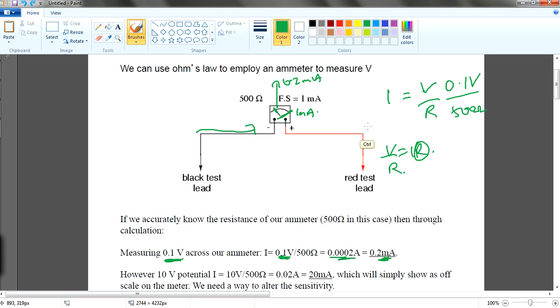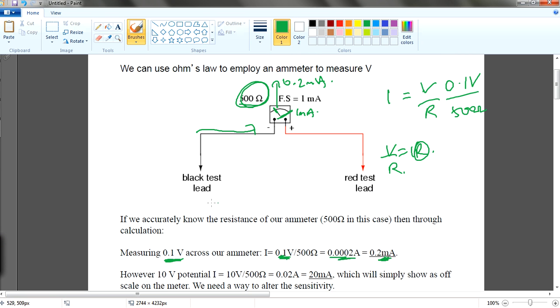However, one problem is that if your voltage is damn high, because in this case we give you the voltage, right? So if you have something pass through, and the scale shows you 0.2 milliamp, and you know your ammeter resistance, then you can calculate your voltage.